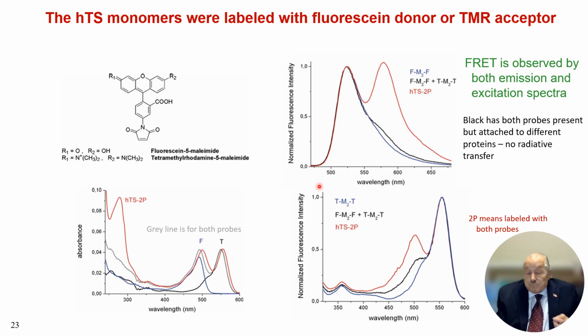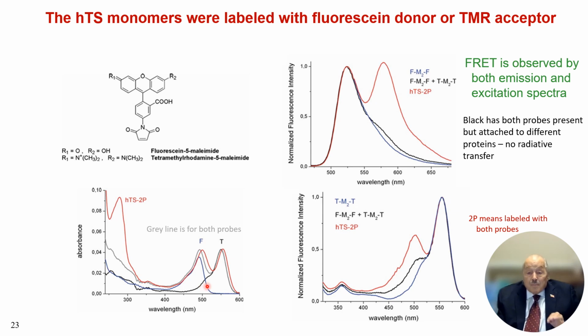And it turned out that the results were a little bit complicated, but they're also instructive. So here's the donor and the acceptor listed, and here are their absorption spectra. Ignore the gray one, that's for a mixture, but you can see the fluorescein absorption and the rhodamine absorption, so there you expect transfer to occur.